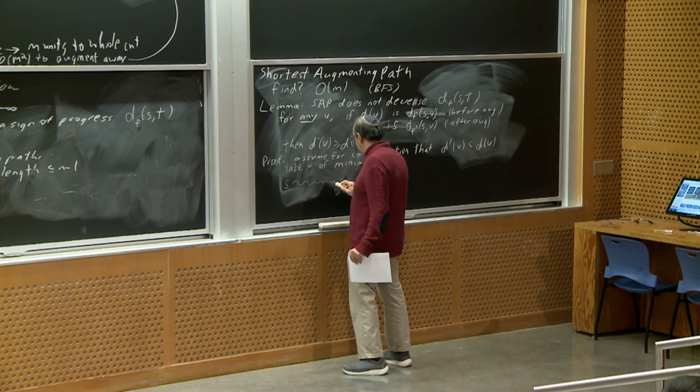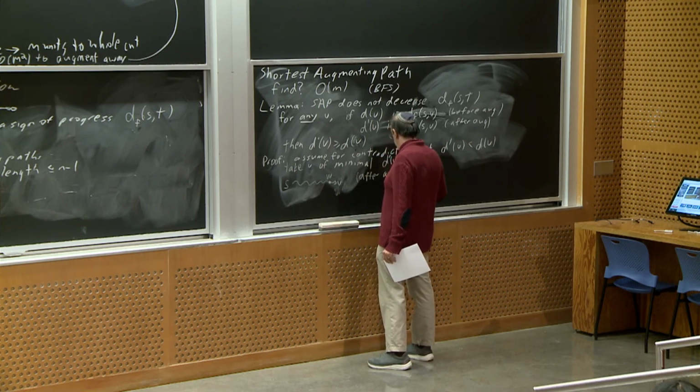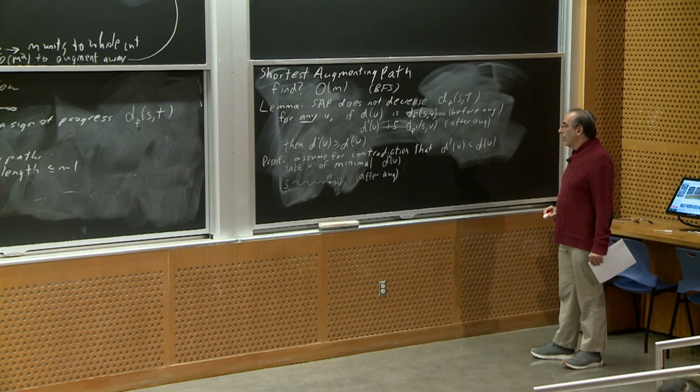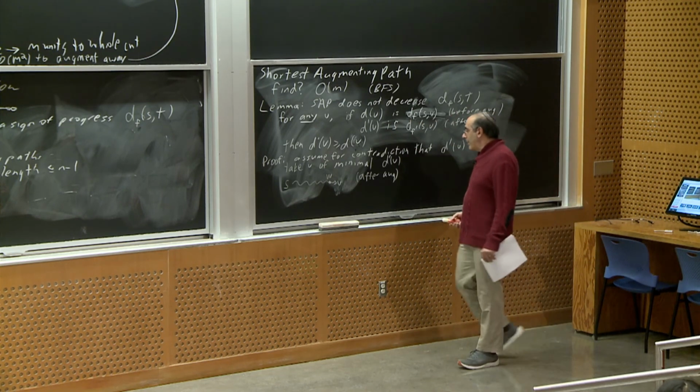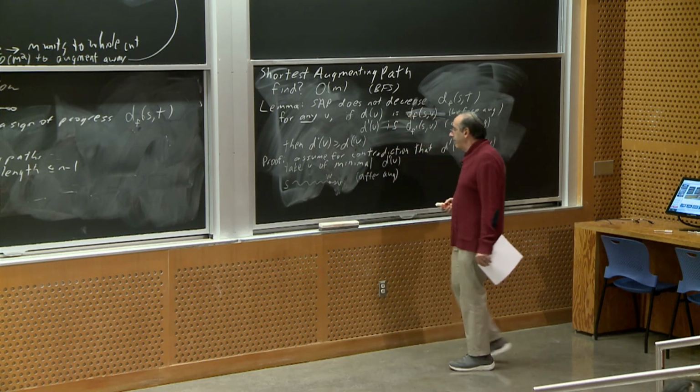Let me tell the story a different way. So here's V, as we said. There's some vertex W that comes before vertex V, right? So this is the new shortest path to V, and W comes just before it.